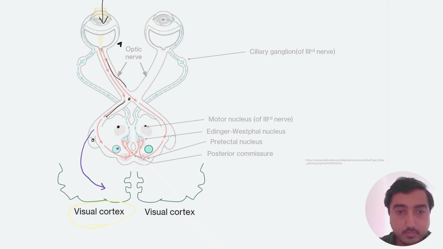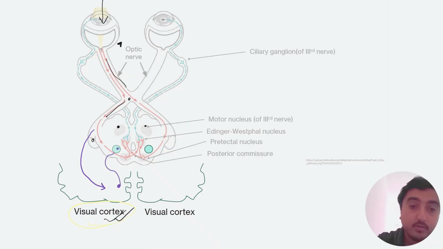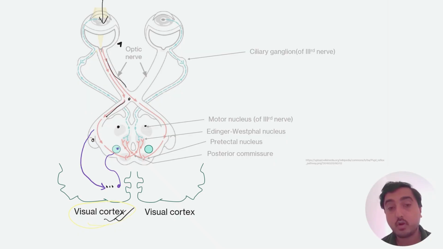From the lateral geniculate body, we have this neuron projecting to the visual cortex. These are the optic radiations, right? And from the visual cortex, it will synapse with different neurons over there, and this is the frontal eye field area.